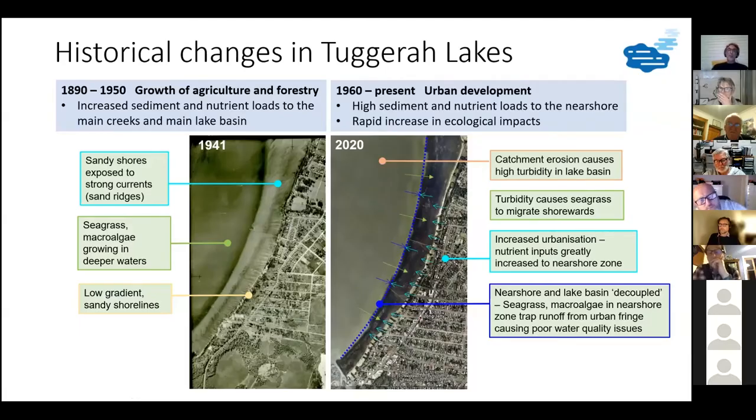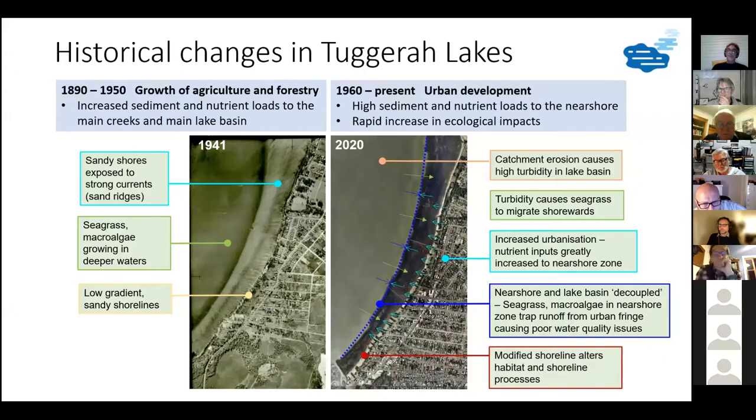So the water doesn't really exchange freely between the two zones, and that creates a sort of stagnant water pool along that zone. That tends to trap all of this urban stormwater, and really is one of the major causes of poor water quality issues. The other major thing that's happened is that shorelines have been greatly modified in recent years.